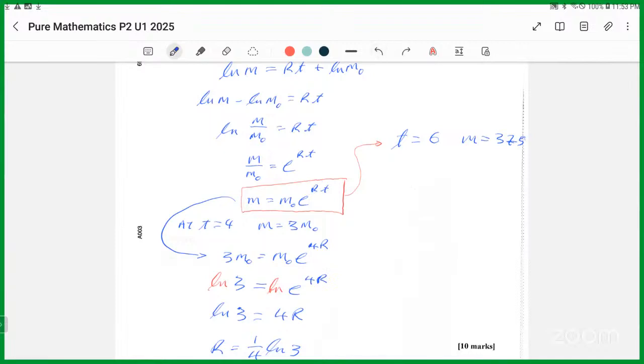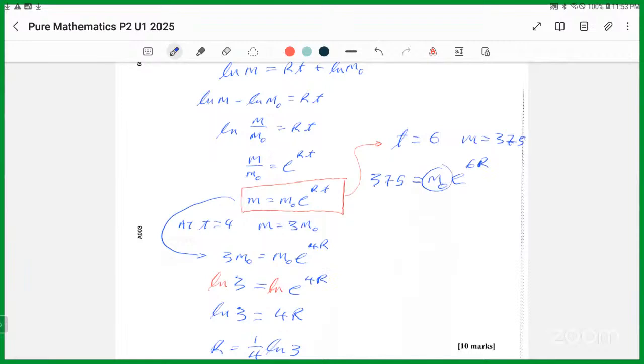So it means that 375 becomes equal to the starting mass times e to the 6r. E to the 6r.